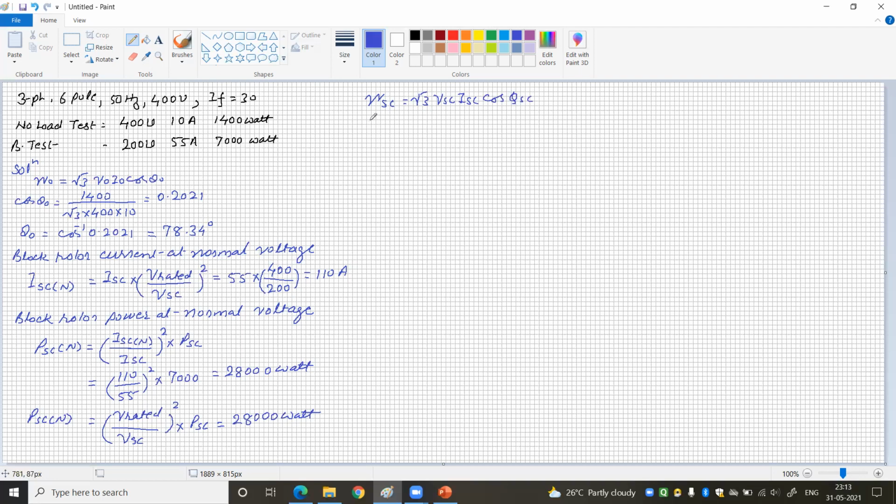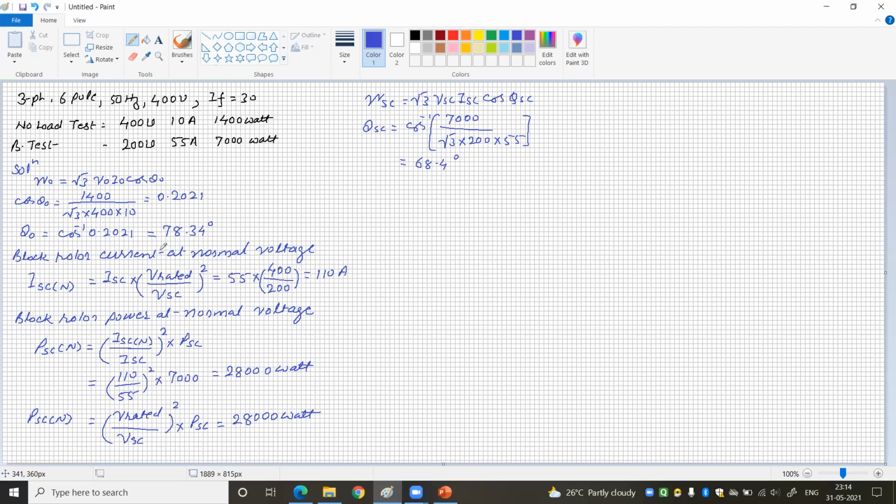Therefore, theta SC is the cos inverse of all these values, or cos inverse of WSC, which is 7000 divided by √3 into 200 multiplied by 55, and it is equal to 68.4 degree.